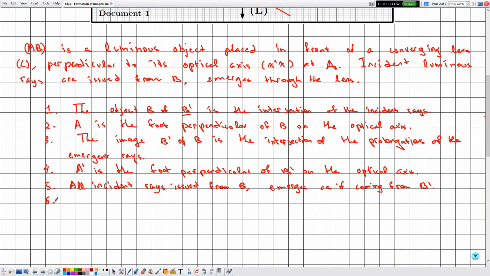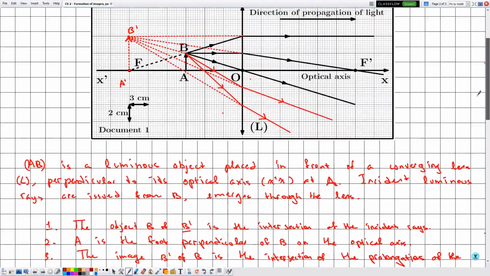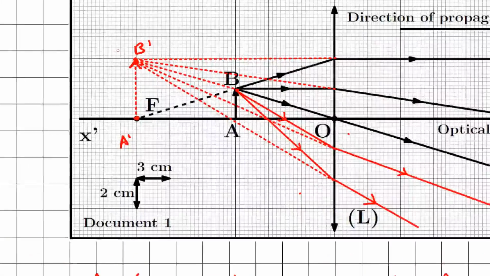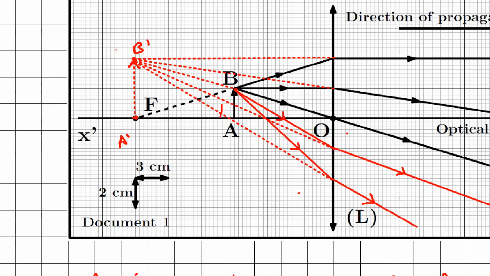Now idea number 6. So notice now that the object AB is pointing upward and the image A prime, B prime is pointing upward, which means that the image and the object are in the same direction, which means that the image is erect with respect to the object AB. And the word erect means that it is in the same direction.